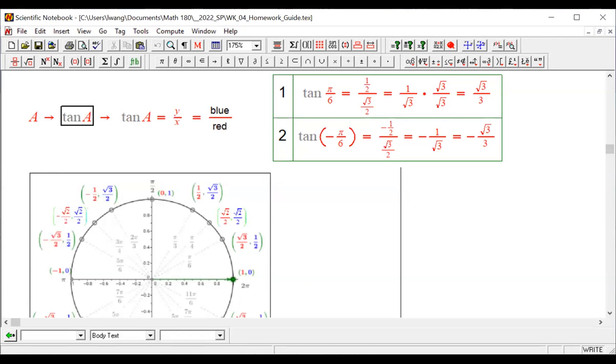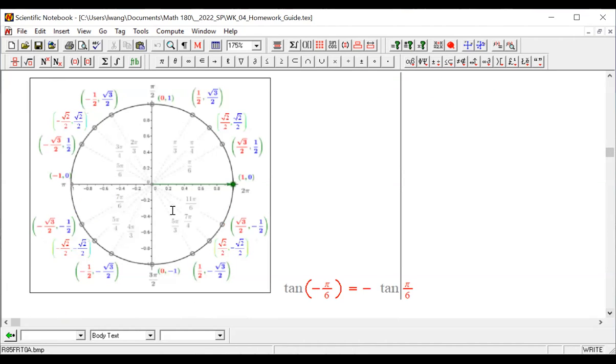Odd function, most likely. Of course, this is not a proof; this is just a verification, or I call it discovery. We will discuss this in the future weeks, but we already have a glimpse of it, and these examples will be very helpful when we cover these concepts. So that's for tangent.